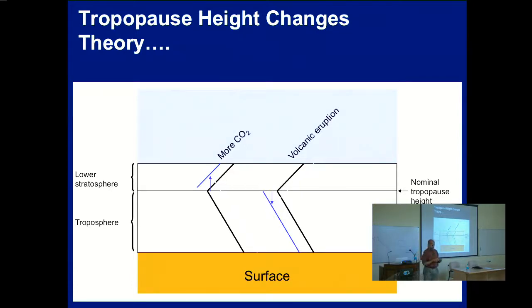Yeah? So my tropopause height actually decreased, which means my tropopause pressure increased.